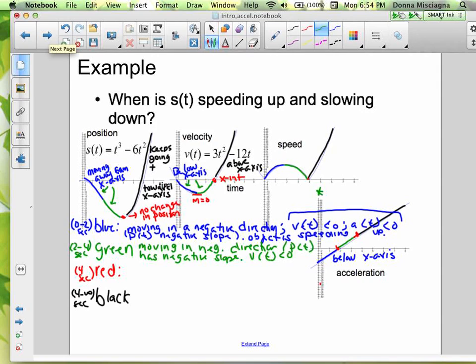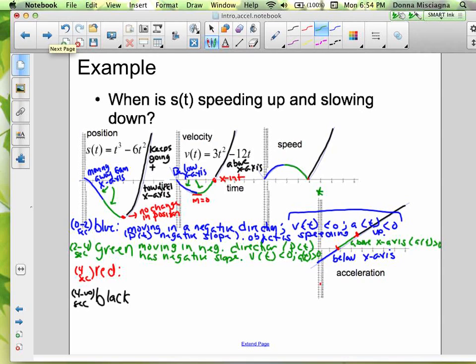Acceleration, on the other hand, which is why I broke this interval up at 2, acceleration is now above the x-axis. So right here, a of t is greater than 0. So our velocity is negative, but the acceleration is positive. All right?